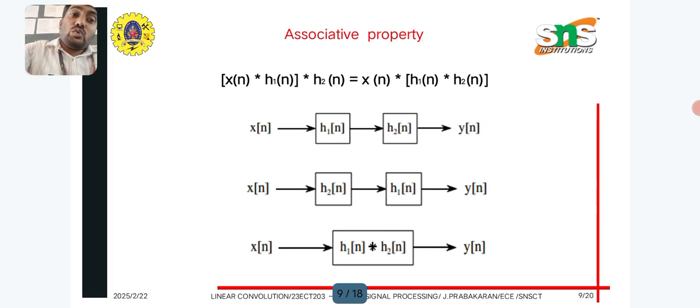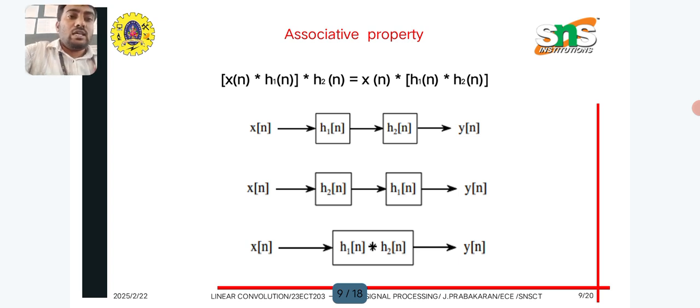Next is the associative property. The result of x of n convolved with h1 of n is again convolved with h2 of n, which is equal to x of n convolved with the convolution of h1 of n and h2 of n.